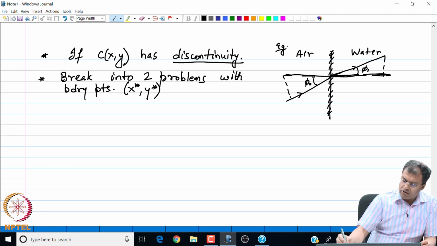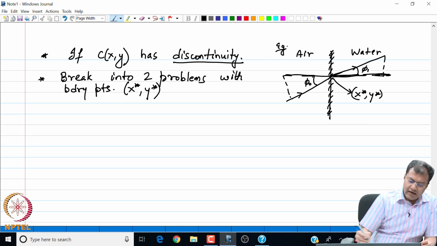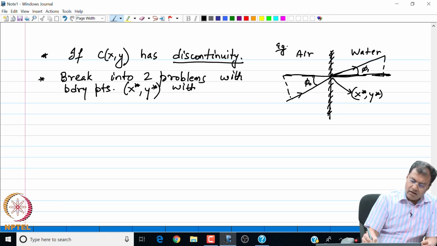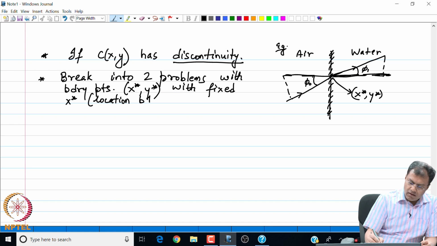So let me call this boundary point x star comma y star, such that we do a little bit more simplification, such that the x component of the boundary point, x star, is fixed, and I have a movable y star, right.